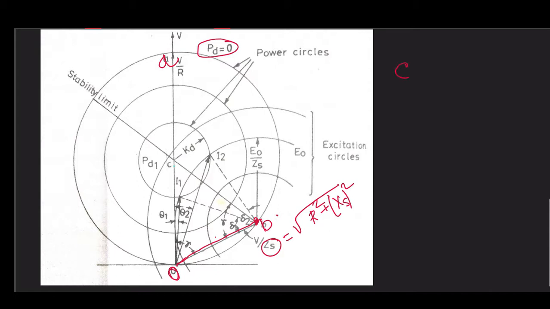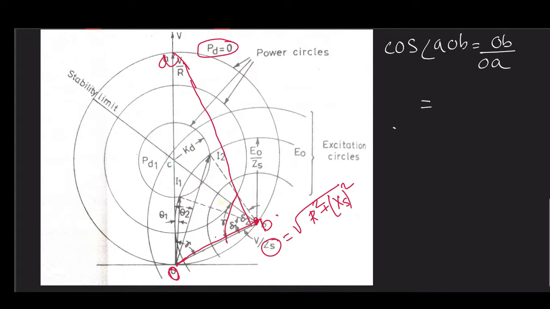This cos AOB we can write as cos AOB is equal to OB by OA. We know that a semicircle angle is always 90°, so this much is always 90°.